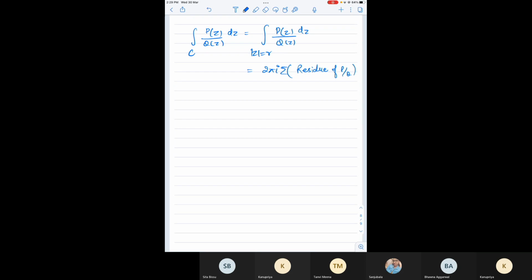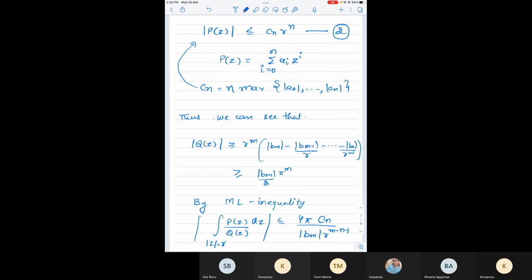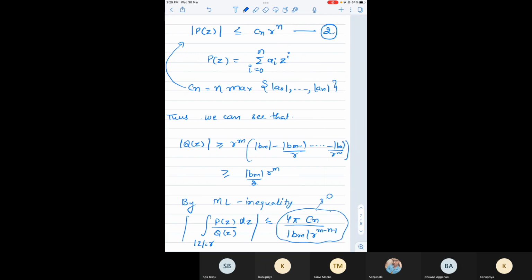Now you can observe that the condition is given that degree of q is greater than degree of p plus 2. So from there you can observe that the right hand side of the integral will tend to 0, because this is a positive quantity, when r tends to infinity.